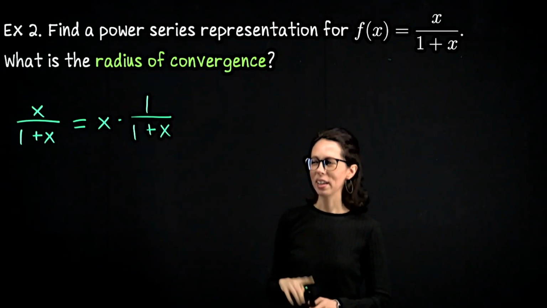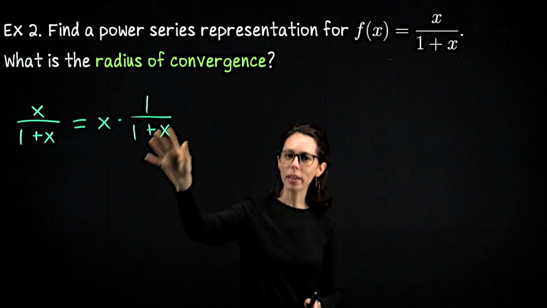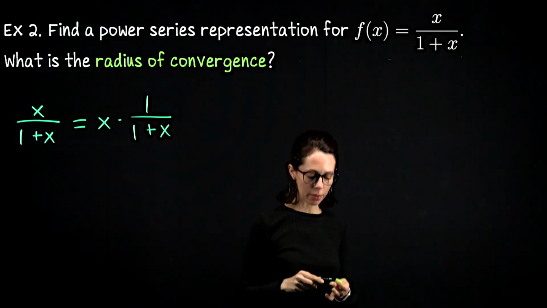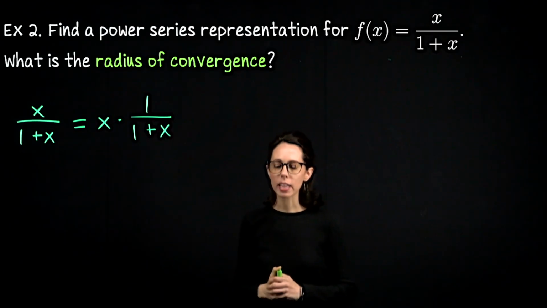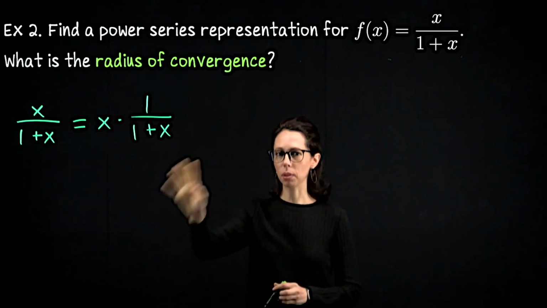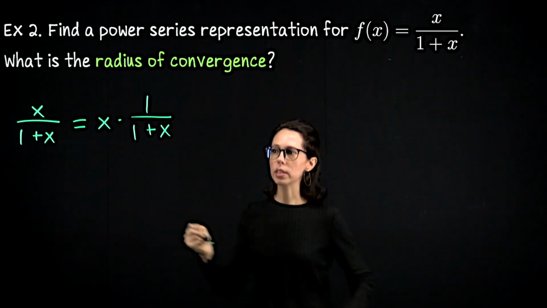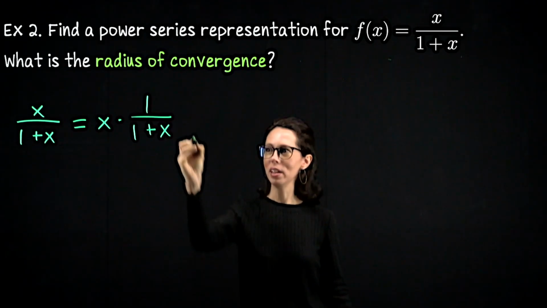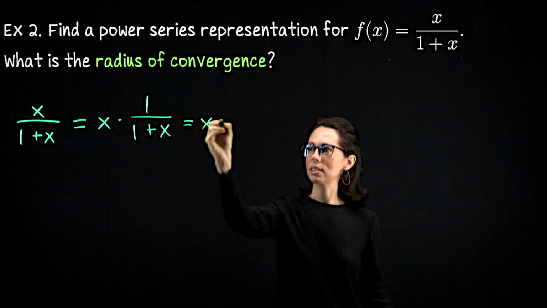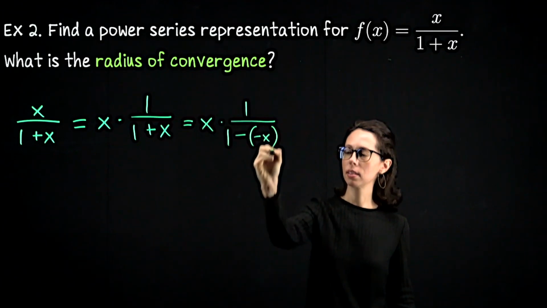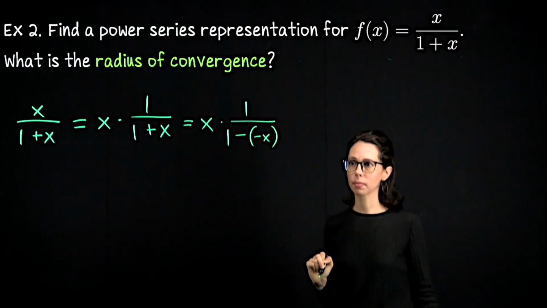But here, this is not quite right, because the known power series that we're basing all of these examples off of is for the function 1 over 1 minus x, not 1 plus x. So what we're going to do is take plus and replace it with minus minus. So this is going to be x times 1 over 1 minus negative x. Okay, and now we're good.